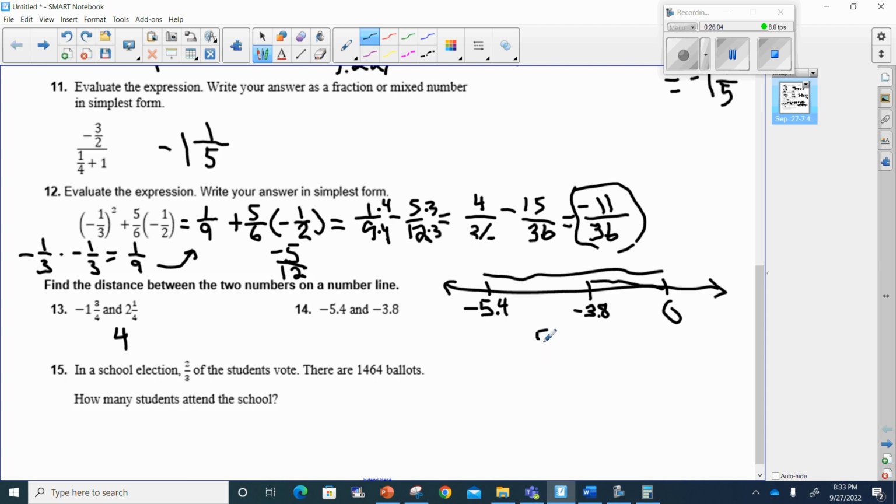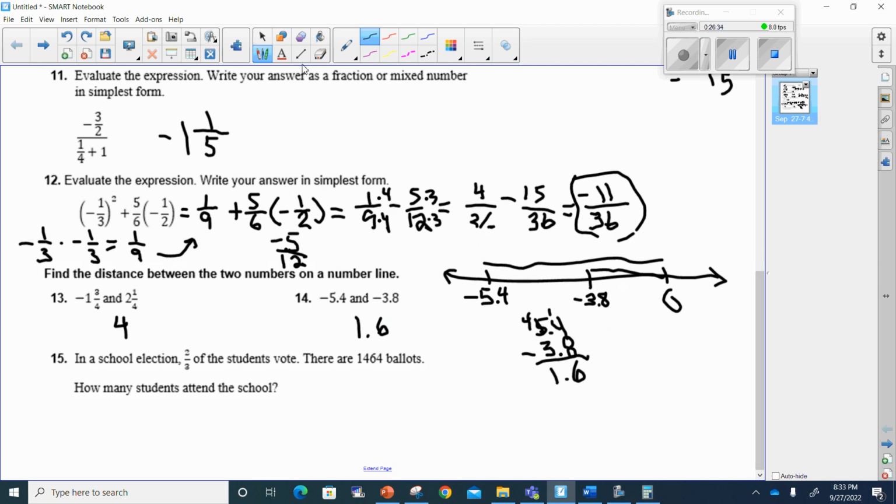I'm going to take the big number, 5.4, minus the small number, 3.8. I'm going to have to borrow one from here. 14 minus 8 is 6, and 4 minus 3 is 1. Now remember, this is distance, so there's no negative number. The distance is 1.6. All right?